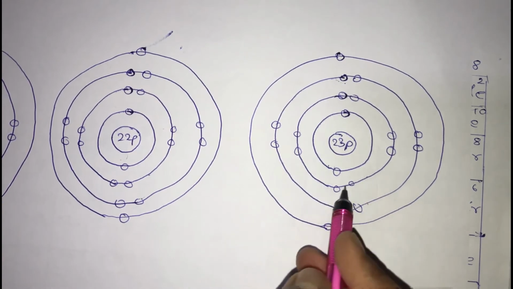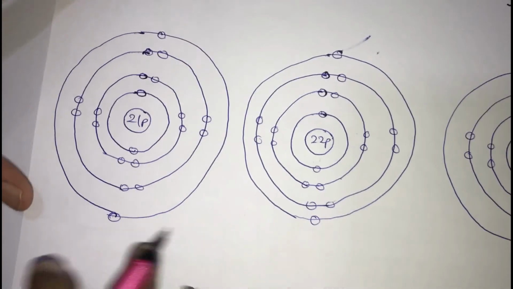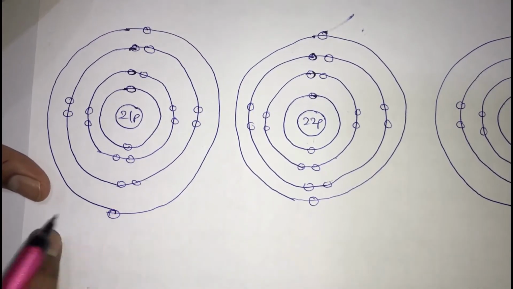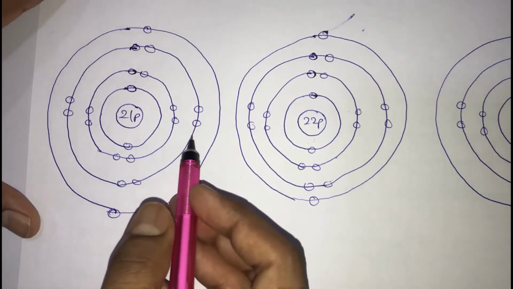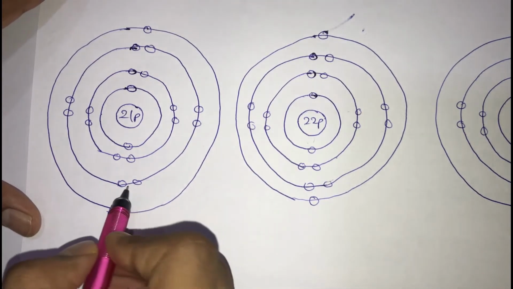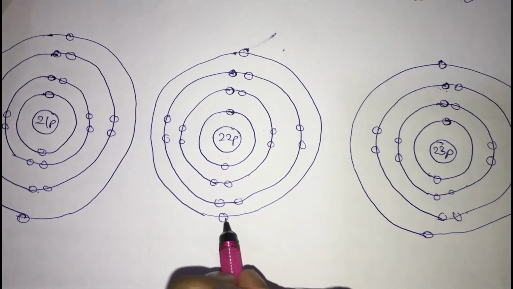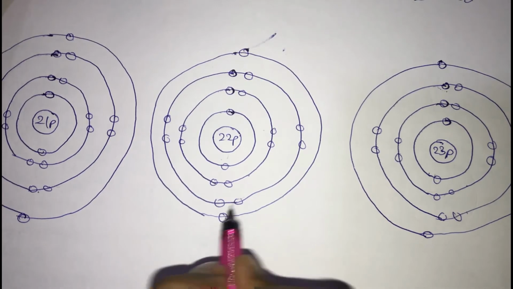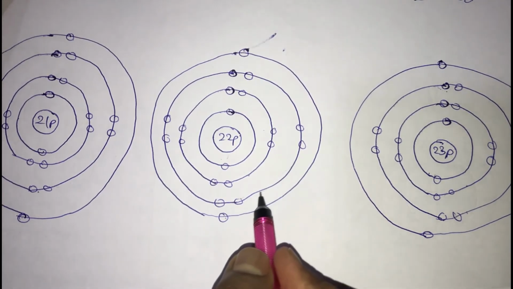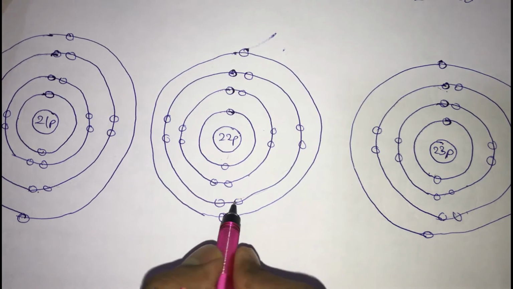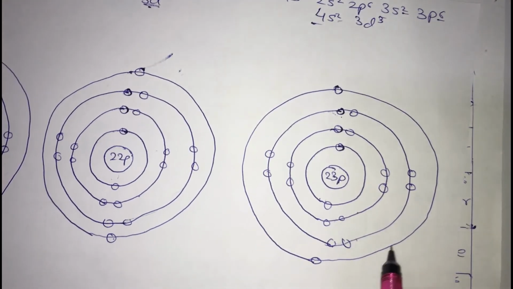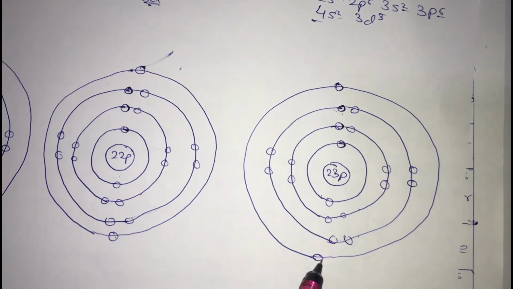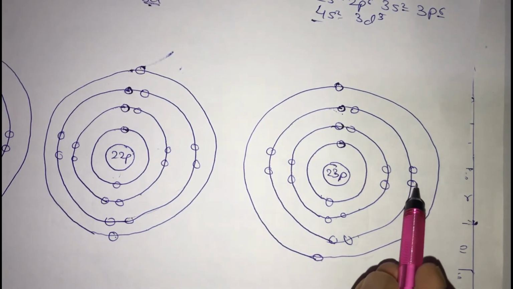Similarly, the last, fourth energy level is experiencing shielding effect by 8 electrons present inside the third energy level. Here also it is experiencing shielding effect by 8 electrons present inside the third energy level, and the fourth energy level of vanadium is also experiencing shielding effect by 8 electrons present inside the third energy level.